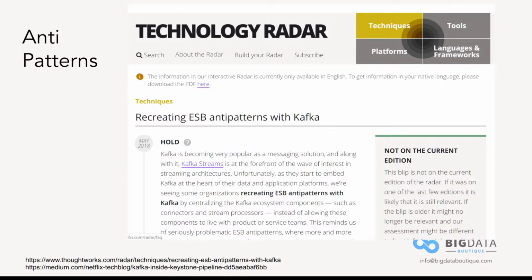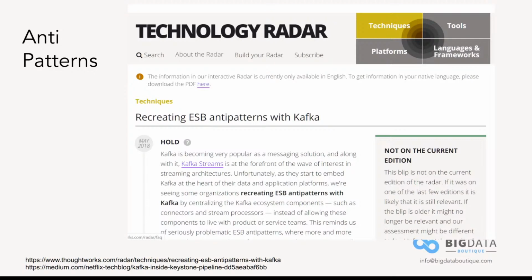In my experience, it's a lot better if you try to provide Kafka as a service, but not create many frameworks on top of it, or a very complex solution on top of it, or your own customization of Kafka. Okay, that does not work in the long term, because it's really expensive to maintain, and in general terms it is going to be problematic for you in the future.